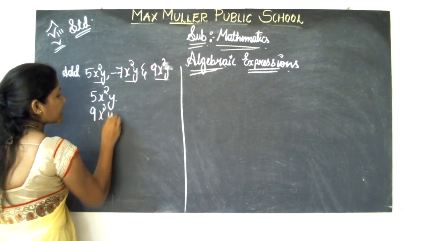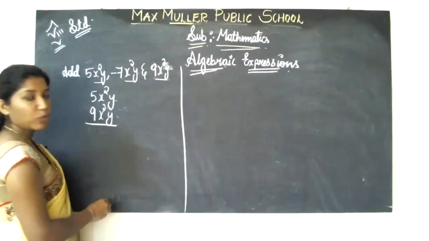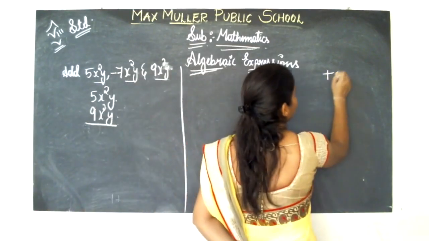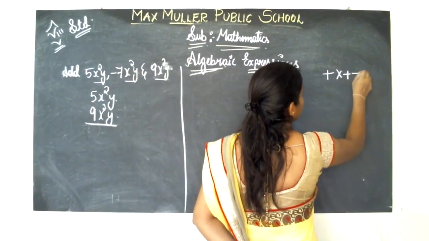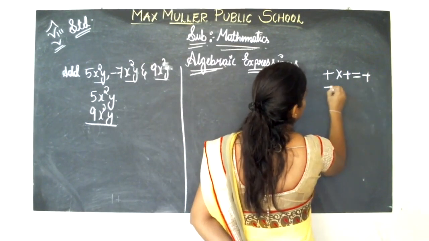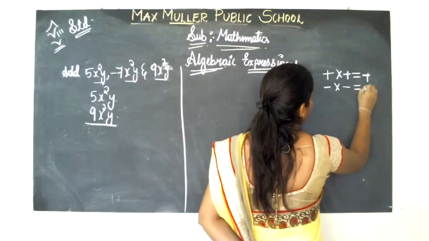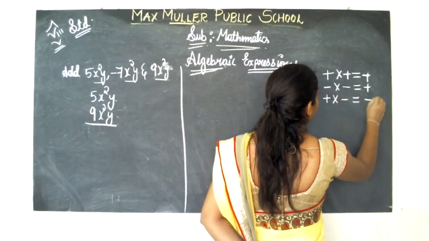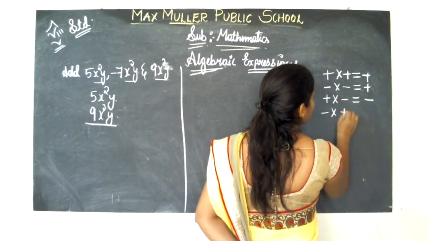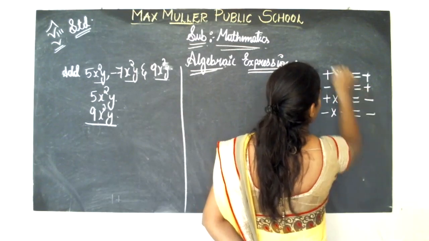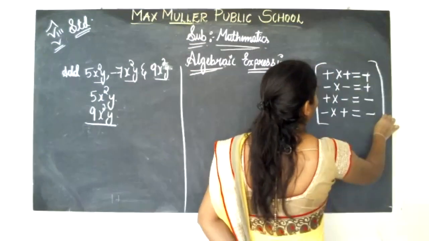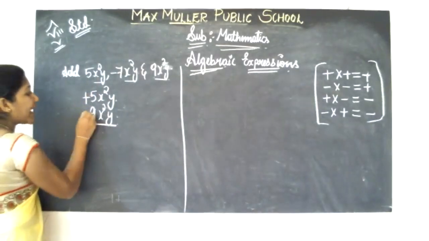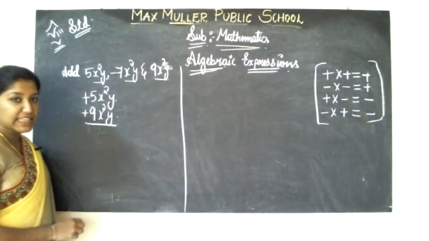To make it easy, you add these both, because first remember: plus into plus is equal to plus, minus into minus is equal to plus, plus into minus is equal to minus, minus into plus is again minus. Now both have positive signs, is it not?